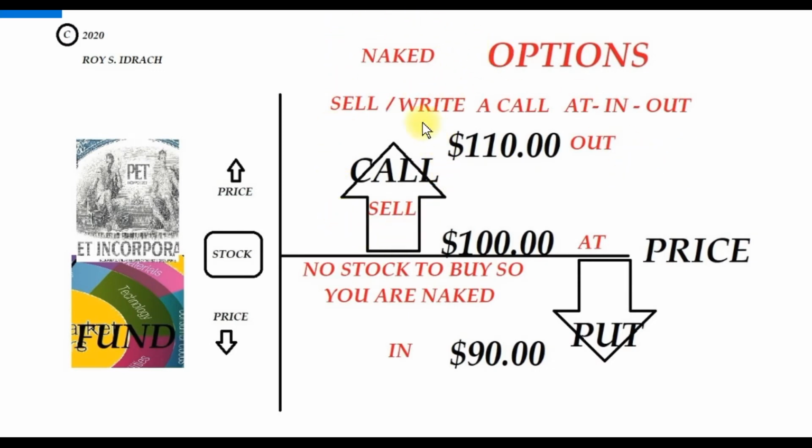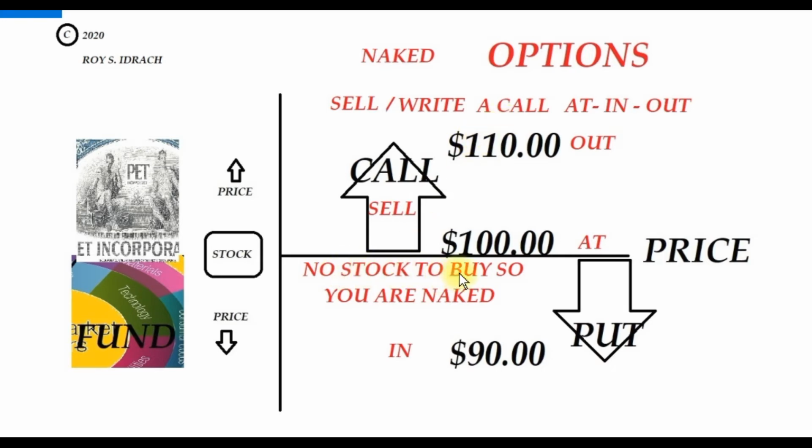If you buy a call, right? There's no problem. But if you sell a call and you don't have the stock, and you're going to sell a call at 110, and you hope that the price never goes over 110, so you can keep the premium, and you don't own the stock.